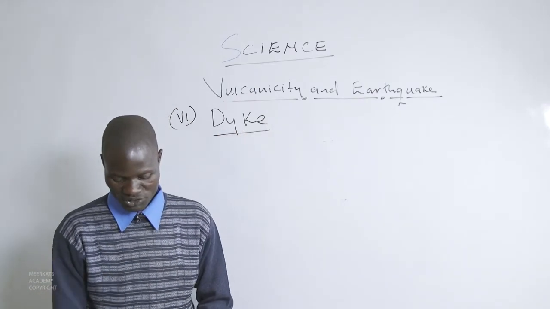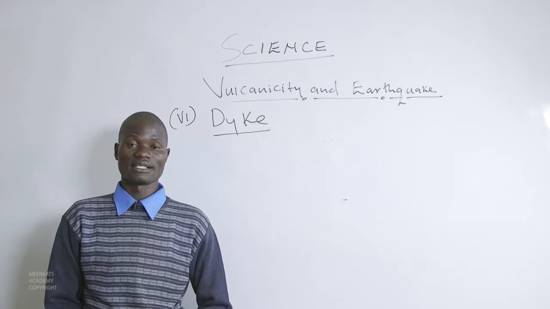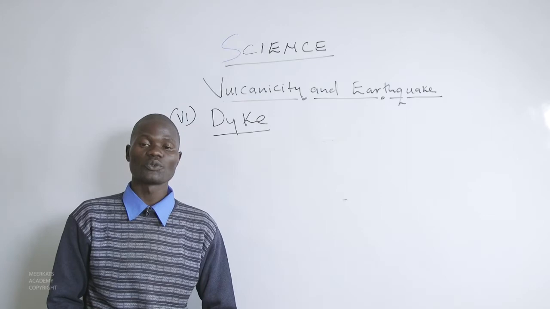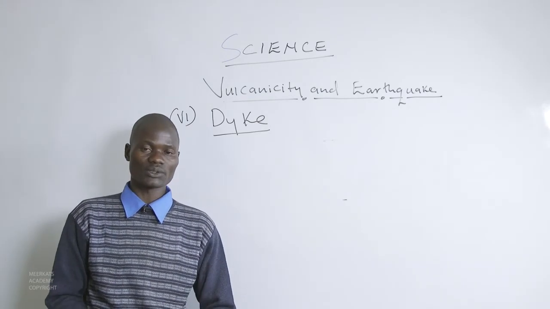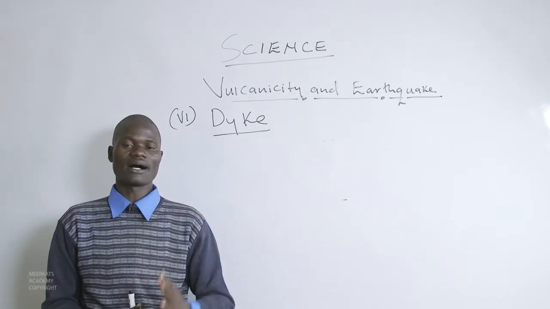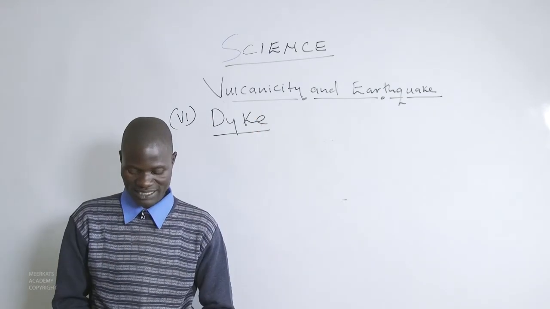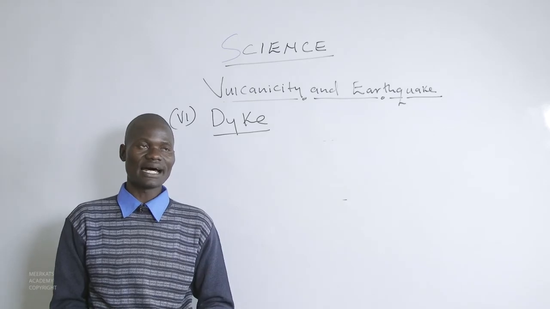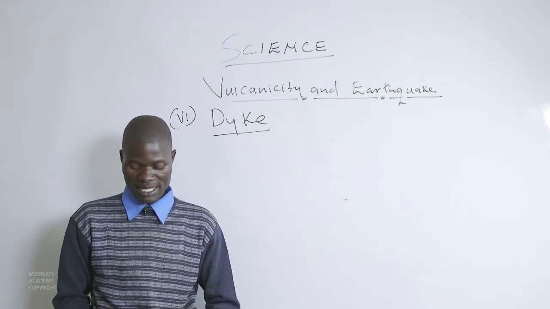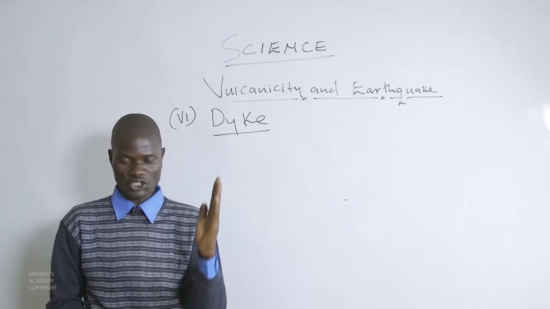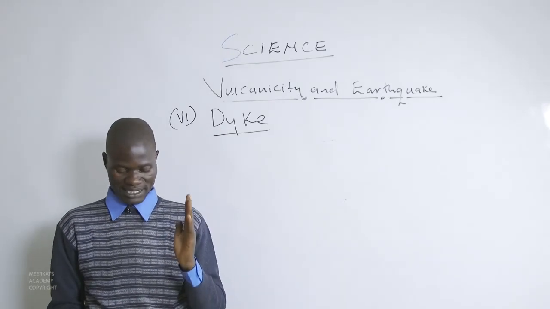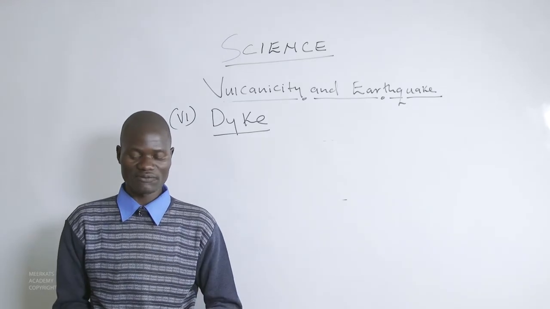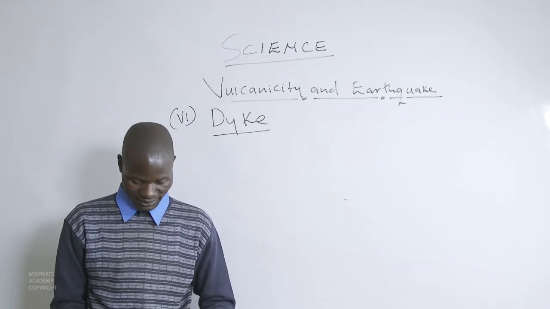We have a feature that is also known as a dike. A dike is one of the intrusive features that is formed when lava makes its way through the cracks and fissures during volcanicity, and this one may develop into the land or the earth crust and then form a vertical conduit that is perpendicular to the ground, resulting in the formation of a dike.